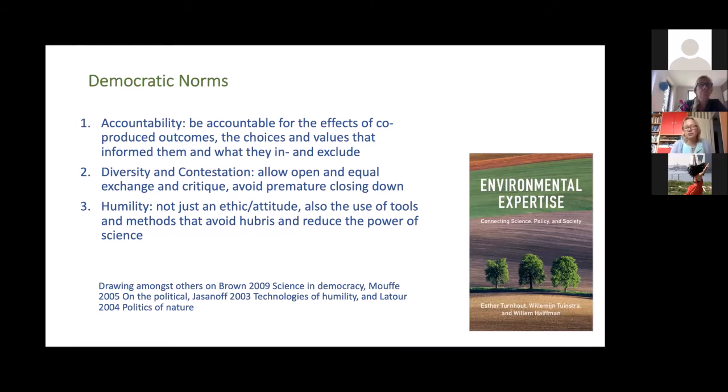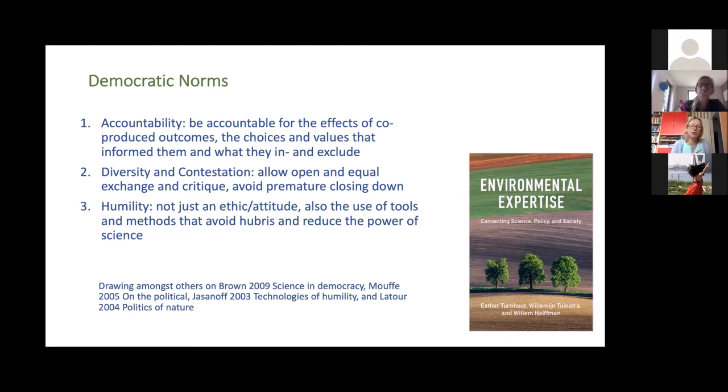What is absolutely crucial is to allow open and equal exchange, and particularly critique. So create a place for contestation, create a place for disagreement, and avoid the premature closing down by a drive for consensus or integration.